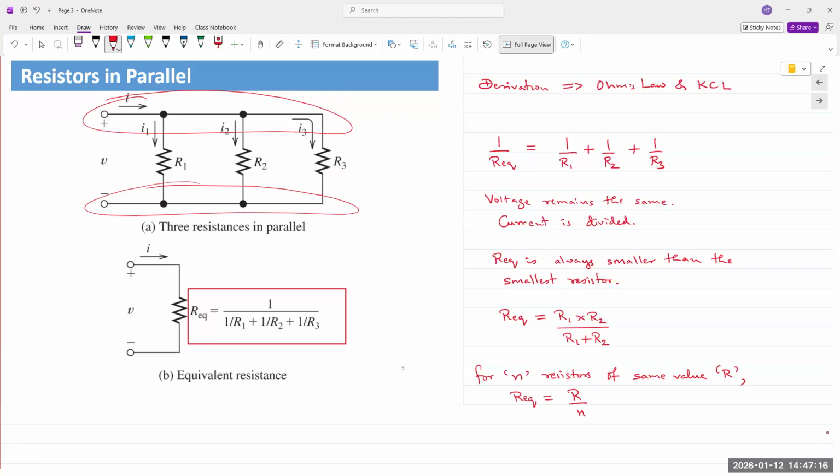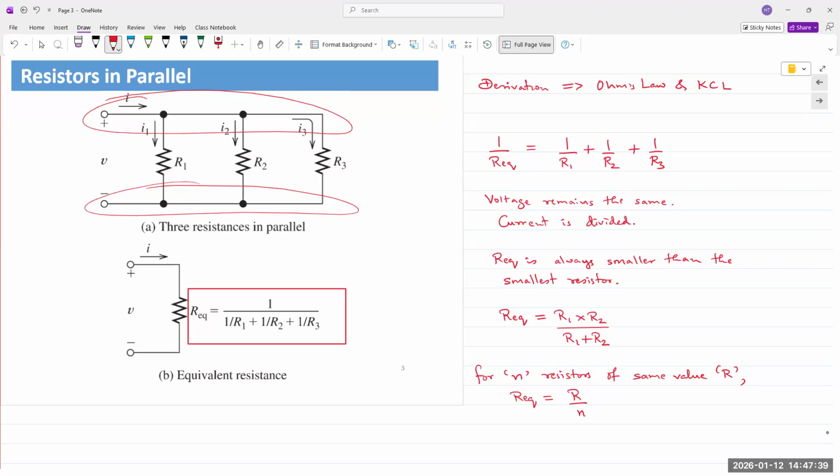If you have 3 in parallel, the answer is 3.333. If you have 50 1 kilo ohm resistors in parallel, 1000 divided by 50. So if it's all the same values, you simply divide the value by the number of resistors, R divided by N. And this is true only for parallel networks.